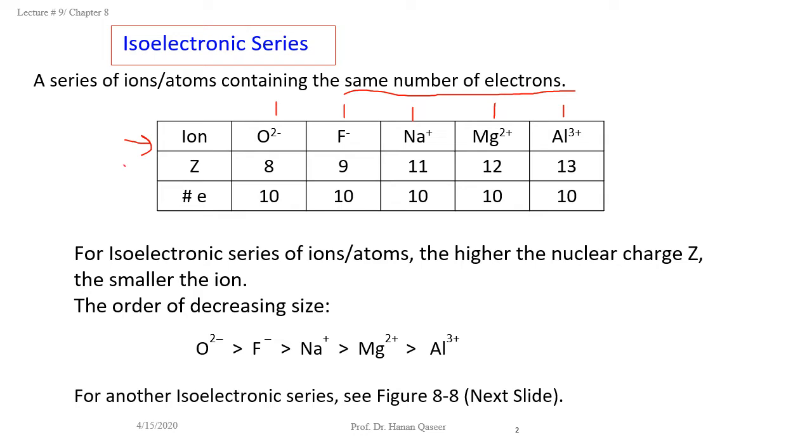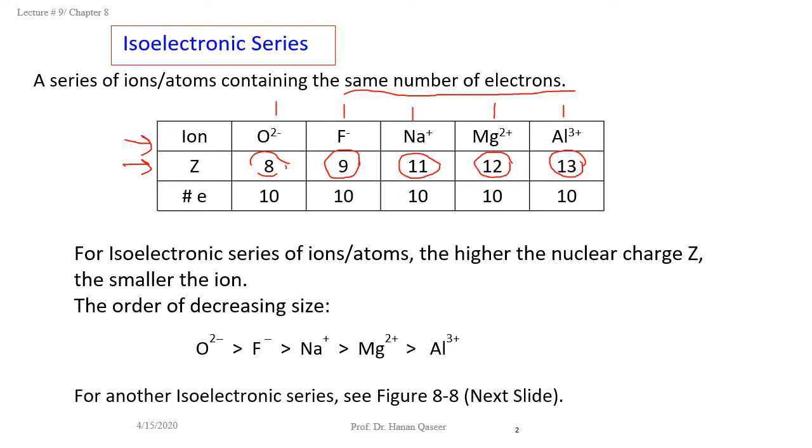Look here, the second row, Z, which is the number of protons. For oxygen we have 8 protons. For fluorine we have 9 protons. For sodium 11. For magnesium 12, for aluminium 13.